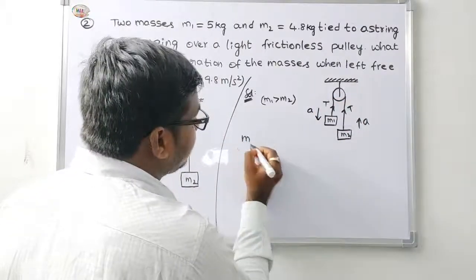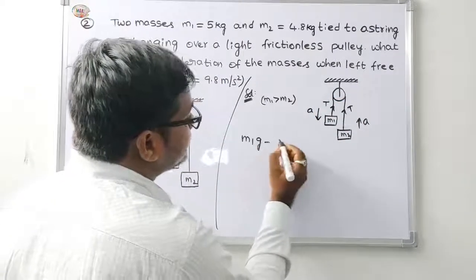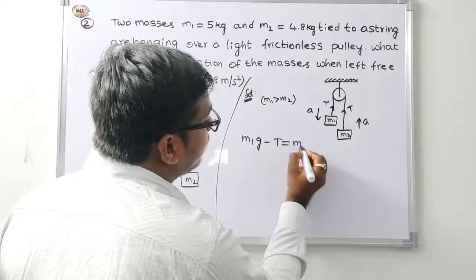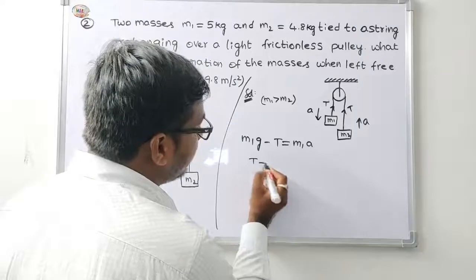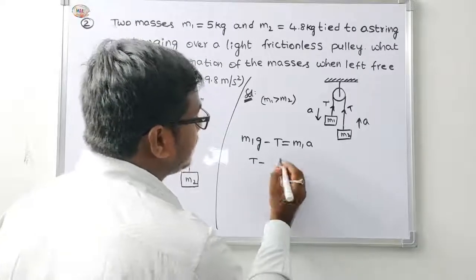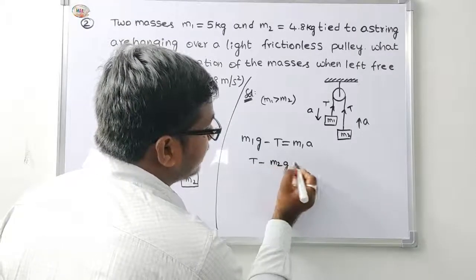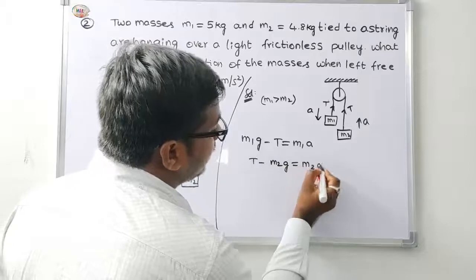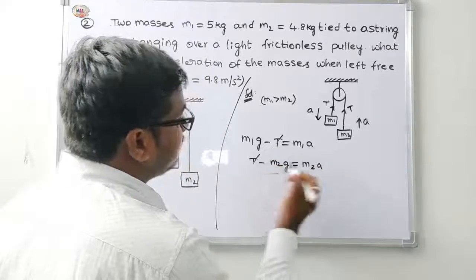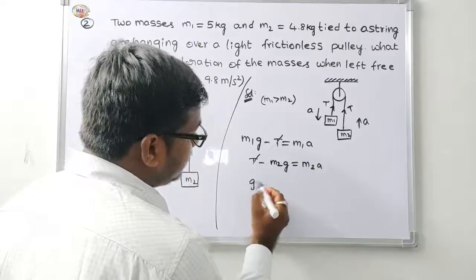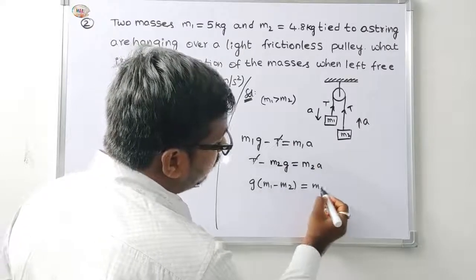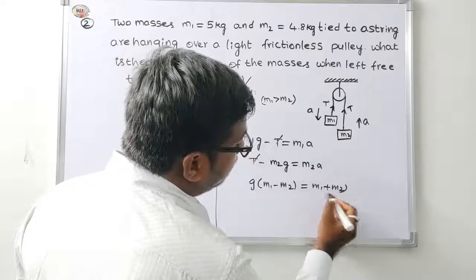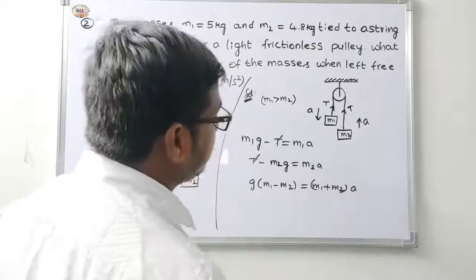First write the equation: M1g minus T is equal to M1a. Second equation: T, the tension force, minus M2g is equal to M2a. T cancels, remaining g into M1 minus M2 is equal to M1 plus M2 into a.